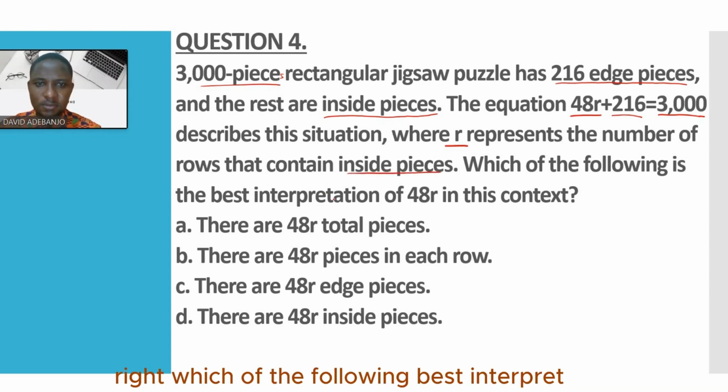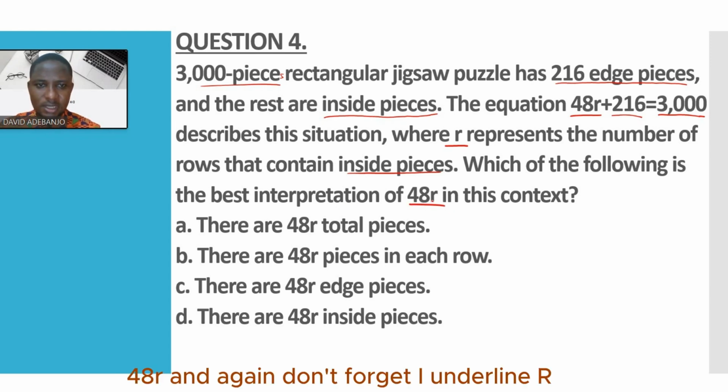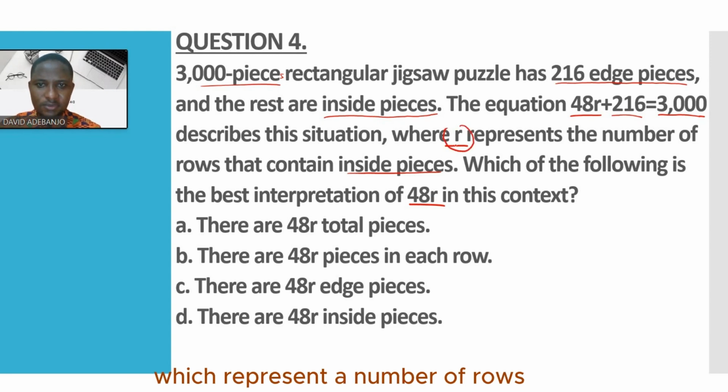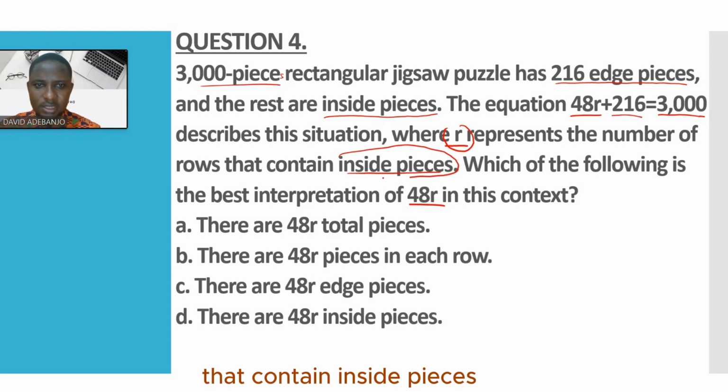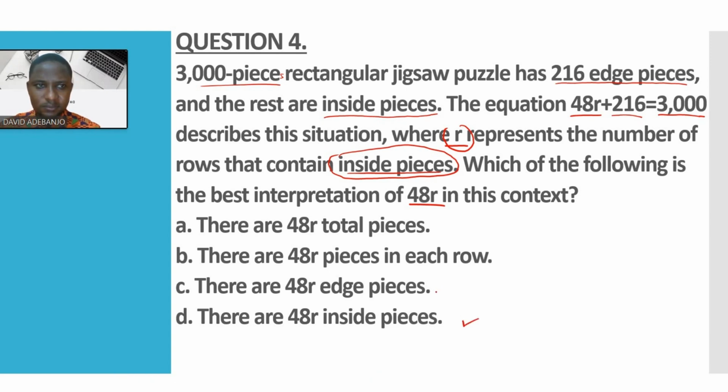Alright, which of the following best interprets the term 48R in the context? 48R, and again, don't forget I underline R, which represents the number of rows that contain inside pieces. So I'm looking for inside, and this stands for total, so this is out.